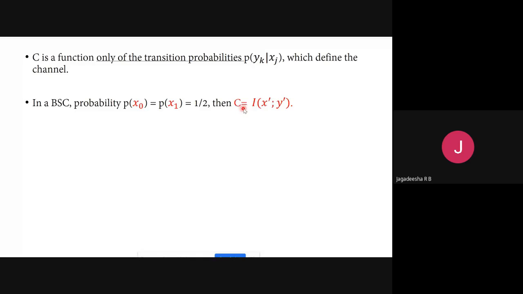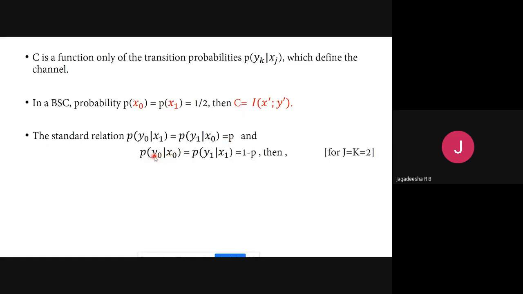Then channel capacity is nothing but the mutual information between x and y, between these symbols. Okay, the standard relation, that is, the conditional probability of y0 when the input is 1 is equal to the conditional probability of y1 provided x is 0, that is p. And the other case, when x is 0, the probability of y0, that is equal to x is 1 and output is 1, is the other case, 1 minus p.